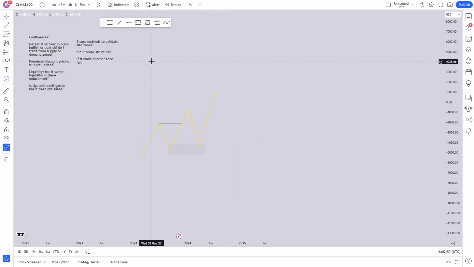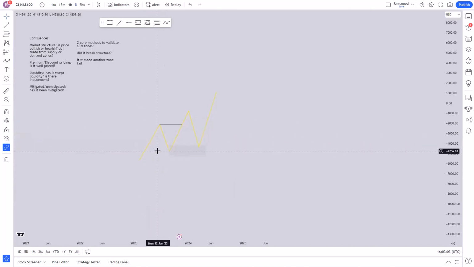So two core methods to validate a supply and demand zone. Okay, did it break structure? So let's say we've come up to the upside. Okay, supply has stepped in, or you know what? Let's not even include that because it's too many words. Maybe it's confusing you. Price came up, we've come down, and then we've caused the break of structure.